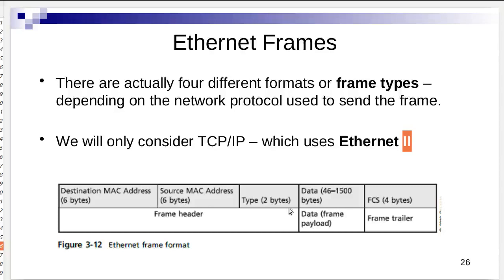You have a 2-byte type quantity, followed by the actual data that you're intending to send, and then after that comes the frame check sequence, or the frame trailer, or the cyclic redundancy code. That's 4 bytes. It's a 4-byte summary of the rest of the data in the frame. And remember, this is used to check and make sure that all of the data that was sent was received the same way.